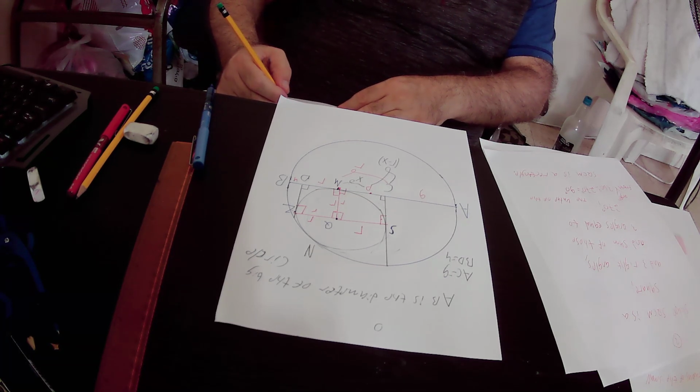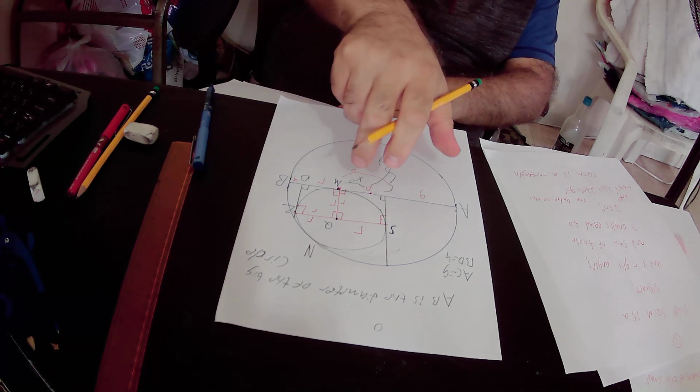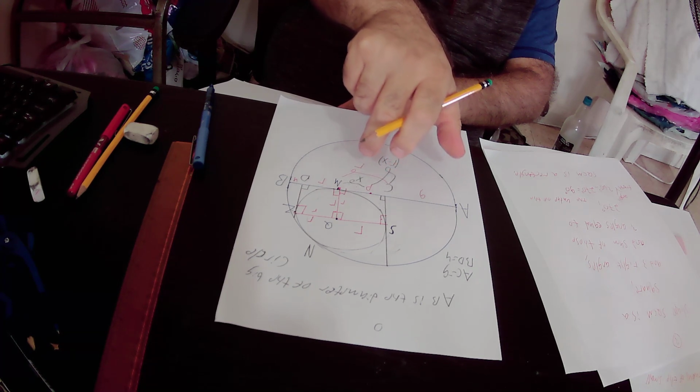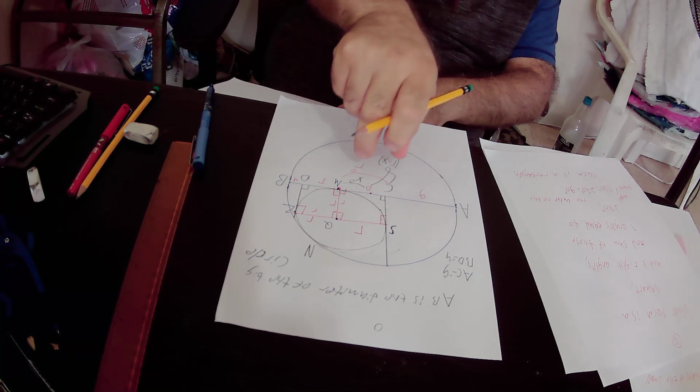And what is the radius of the big circle? The radius capital R of the big circle equals AC plus CP.